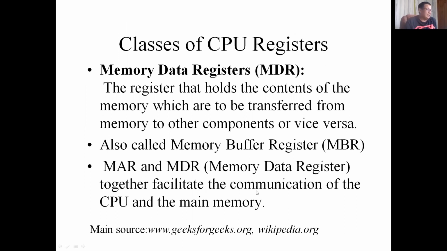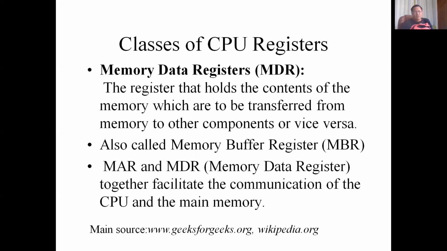Now the memory data register. During a load and store, aside from the address, we need the data. The data usually comes from the accumulator, right? And the contents of the accumulator are transferred to the data register. Memory is not accessed directly.